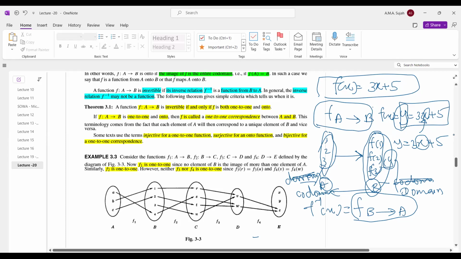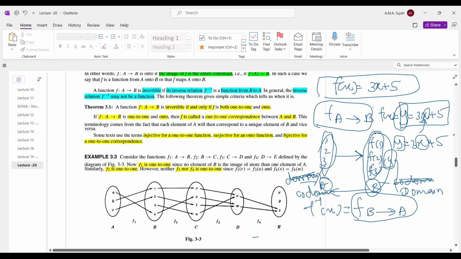So y as the domain means y is the changeable value. If we change the value for y, depending on the value for y, x will get different values. How can I do that? We need to change the subject. Previously the subject is y, so y was the codomain.